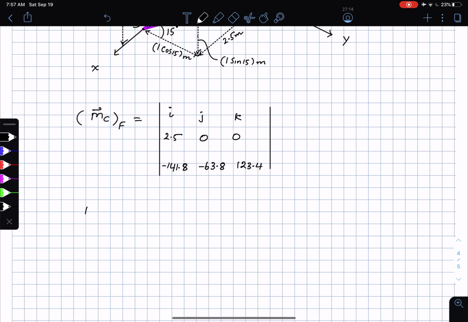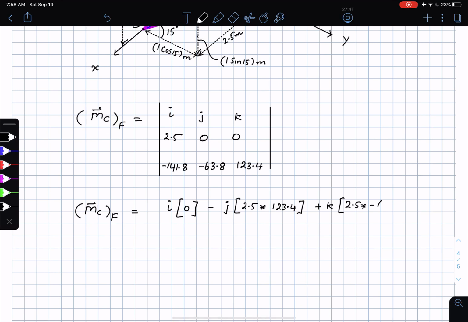So moment about C due to the force F is going to be i times 0, and then I'm going to have minus j times 2.5 times 123.4, and then plus k times 2.5 times minus 63.8.